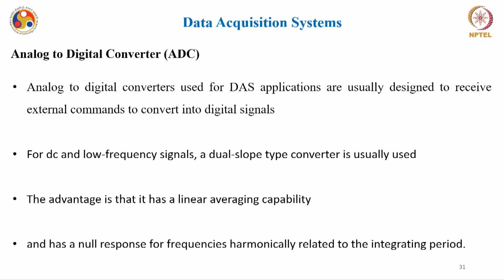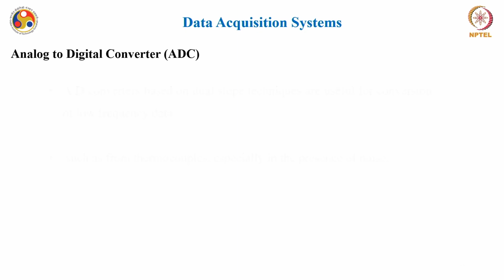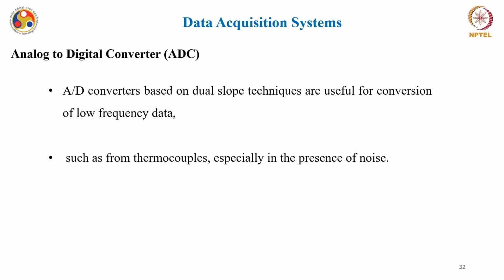The advantage of using the dual slope type ADC is that it has a linear averaging capability, and also has a null response for frequencies harmonically related to the integrating period. ADCs based on the dual slope technique are used for the conversion of low frequency signals. There are a number of transducers with low frequency outputs, like thermocouples. It becomes more important when you are taking the data in the presence of certain noise signals.